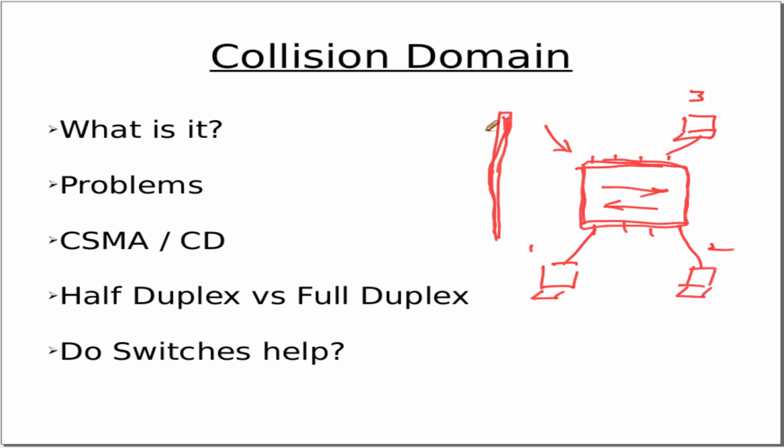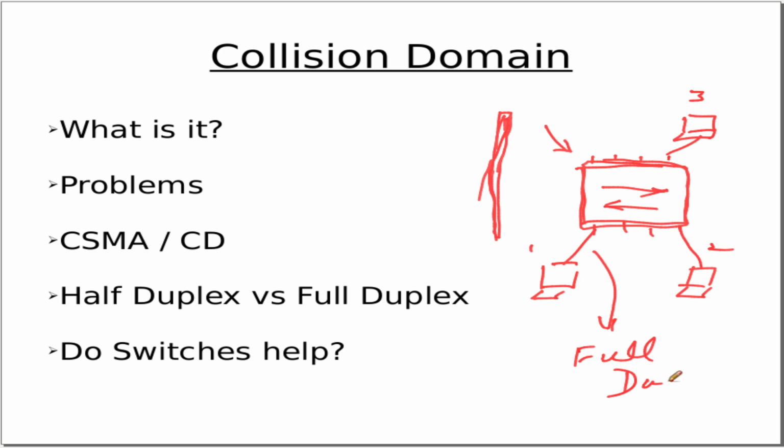It is no longer a shared medium. There is a different hierarchy or different structure inside the switch that separates the signals from getting collided. So when we have no collisions on the system, we can operate in full duplex mode.